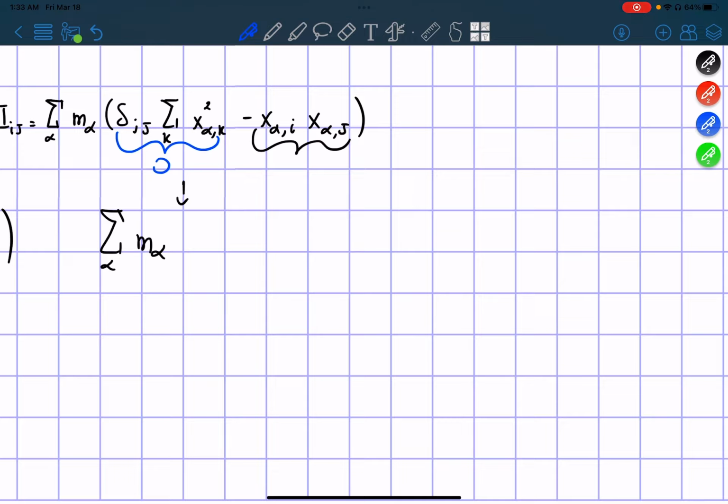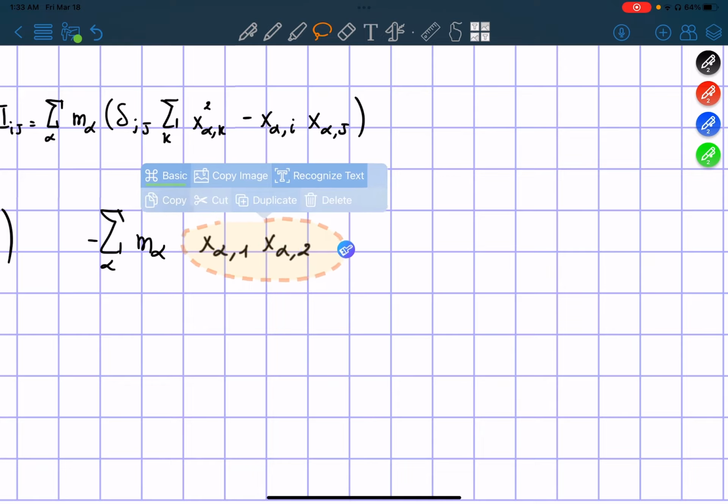So the only part that we're interested in is the second part, with negative x alpha 1 x alpha 2. Or we can rewrite this as taking the negative out in front, and this is our equation.